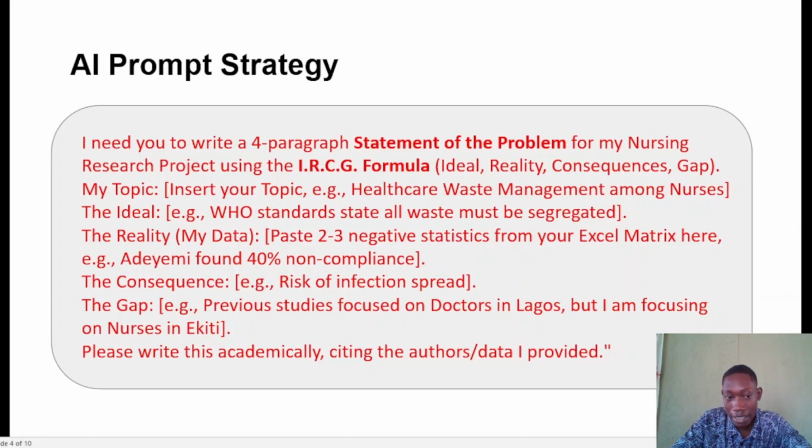After the line, please write this academically, citing the authors and data I provided, you just leave a space, then paste all the analysis and results from the journals. You send it, then AI writes it for you automatically. You are going to see that in this class. We will do the live demonstration towards the later part of the class.